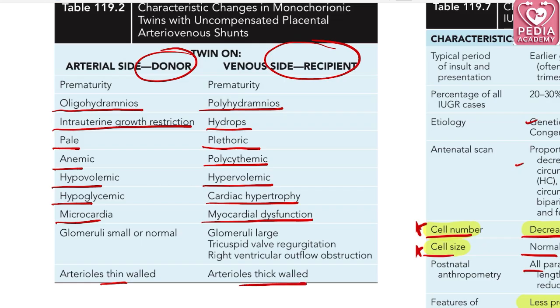Just remember this mnemonic: donor is shrinking and recipient is enlarging. By this concept, in the donor you see oligohydramnios, IUGR, pale, anemic, hypovolemic, hypoglycemia, microcardia. Just remember these three, four things. Questions are expected out of this.